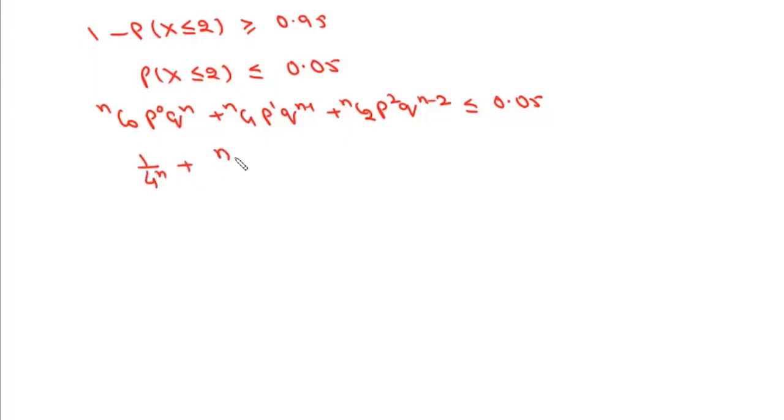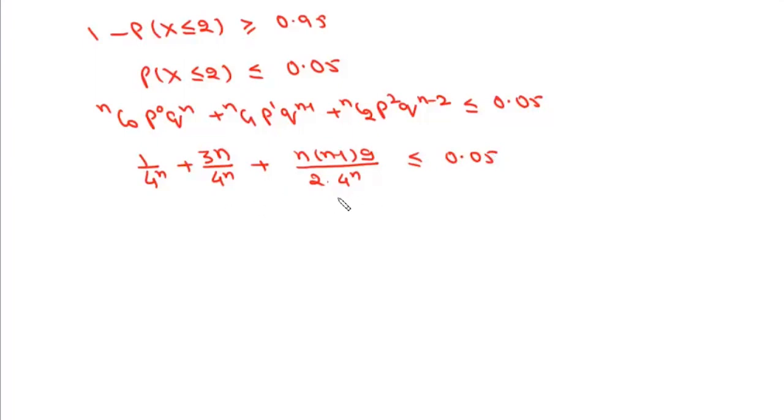Now this is 3n upon 4 to the power n, and this is (n minus 1) into 9 upon 2 into 4 to the power n, and it will be less than or equal to 0.05.